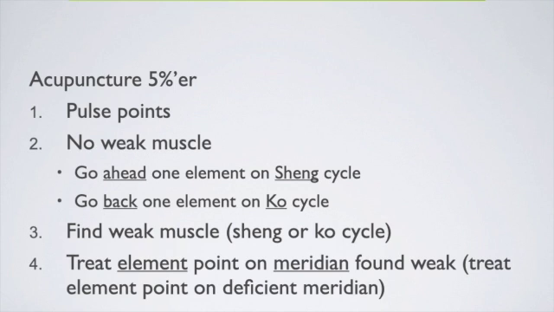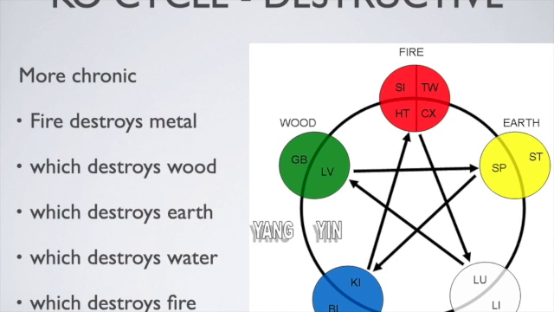and you don't find any weak muscles, no small intestine, triple warmer, pericardium, or heart, all fire element related muscles, and none of those have weak muscles.